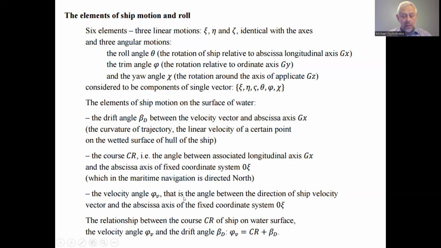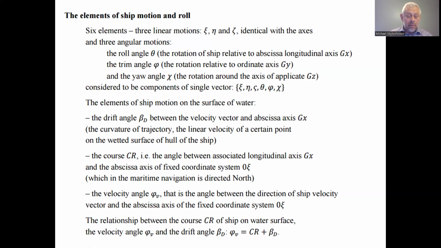we have to indicate other elements of ship motion on the surface of water. This is the drift angle, beta, between the velocity vector and the abscissa of the axis. The curvature of the trajectory, the linear velocity of a certain point on the wetted surface of the hull of the ship.